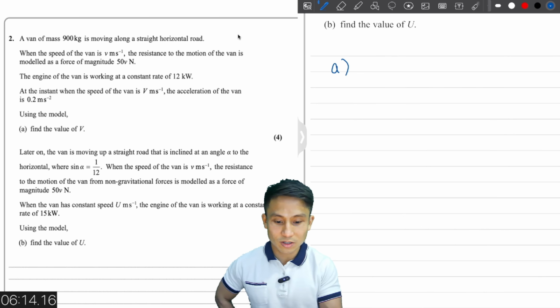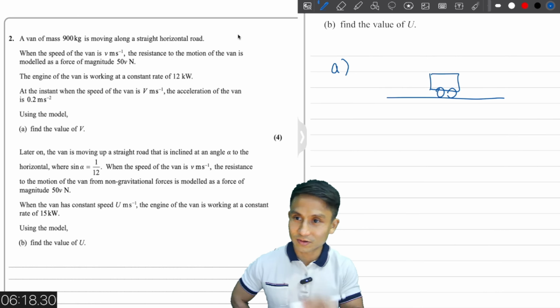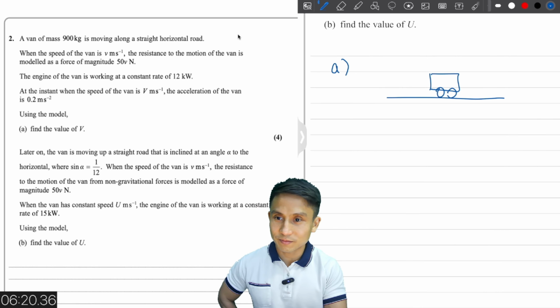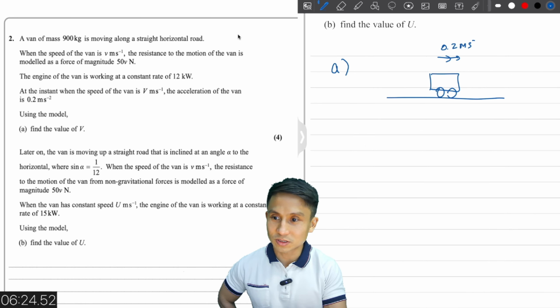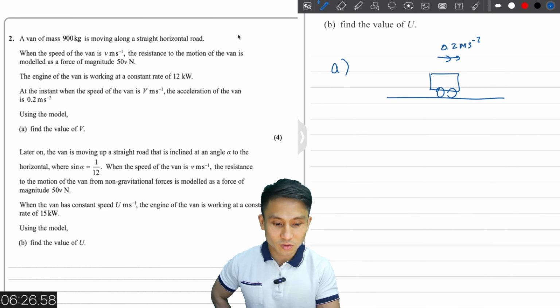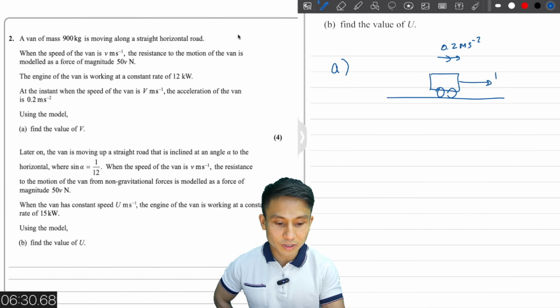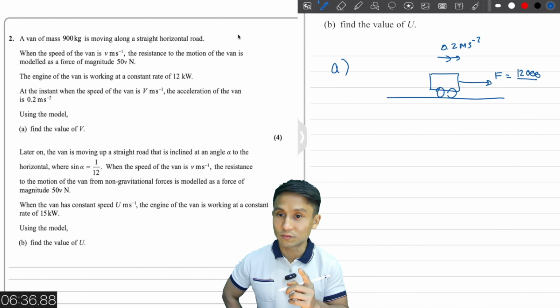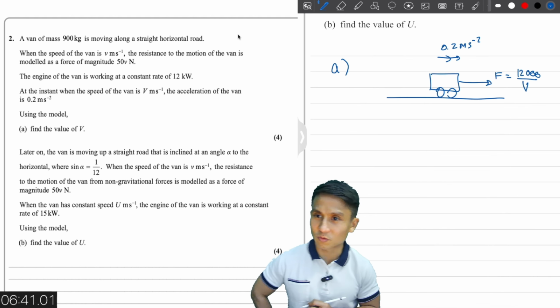Okay, straight horizontal road, so let's make that a van, and it's moving with an acceleration of 0.2 meters per second squared. So there is a driving force from the engine, which will be F equals 12 kilowatts divided by the speed at which it's moving, which is given to be v, which is actually what we want to find.